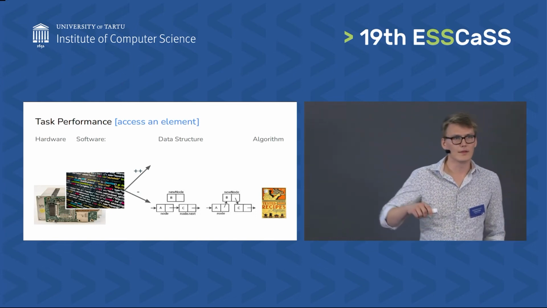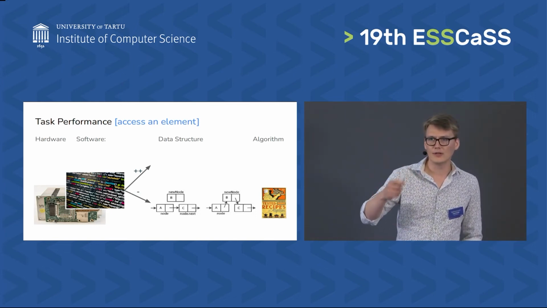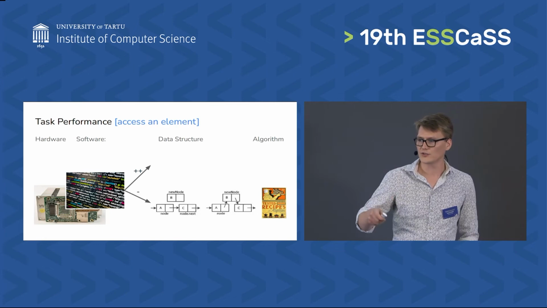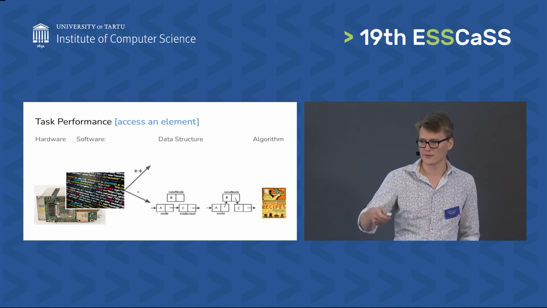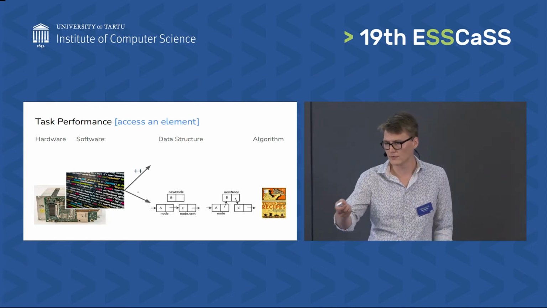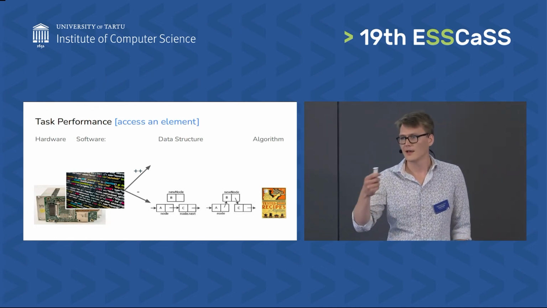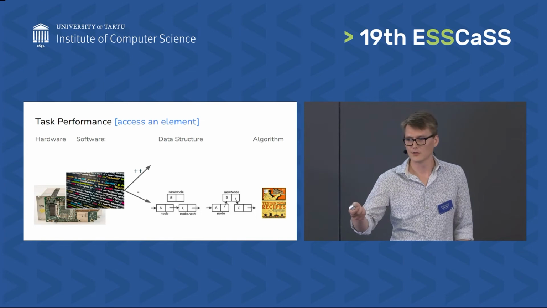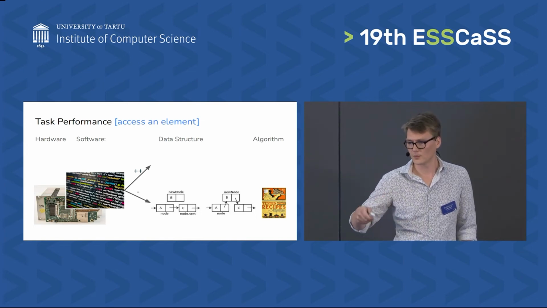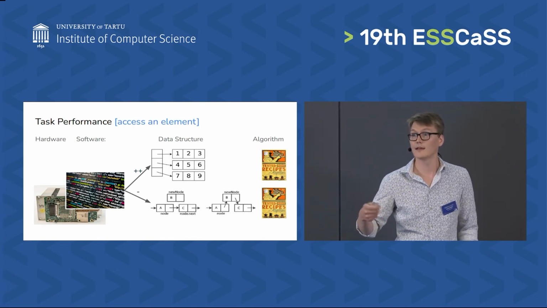Or you see that it really depends on the task which data structure actually helps you or not. So if your goal now, the task is actually accessing an element, then going from a linked list to an array is better.